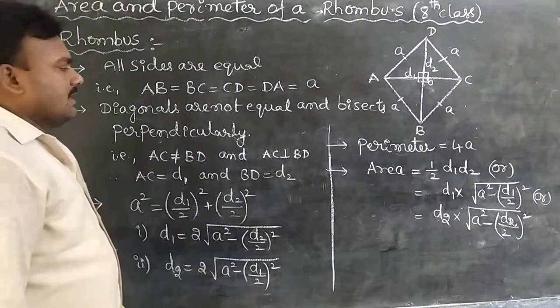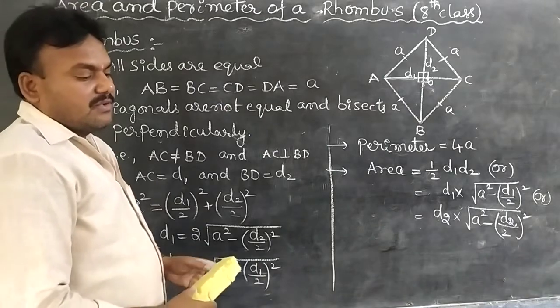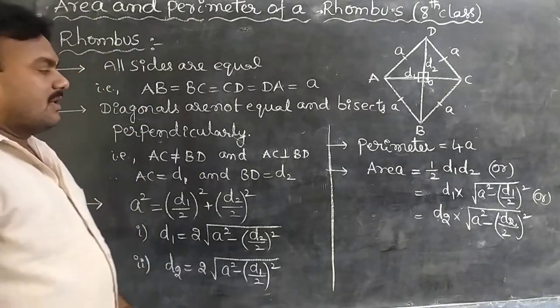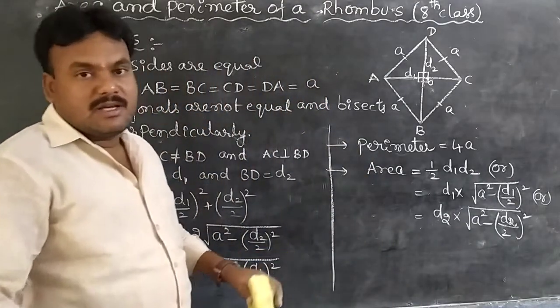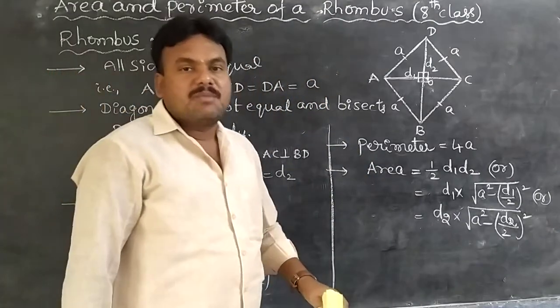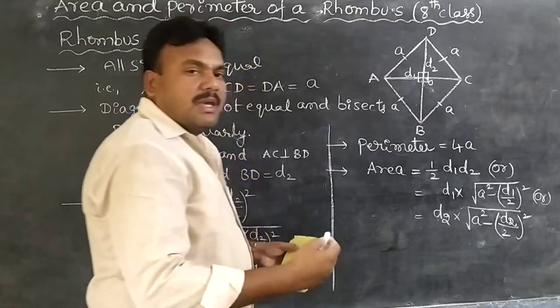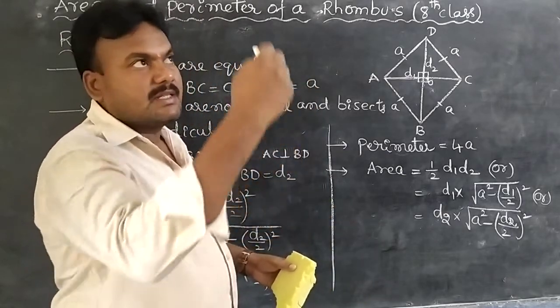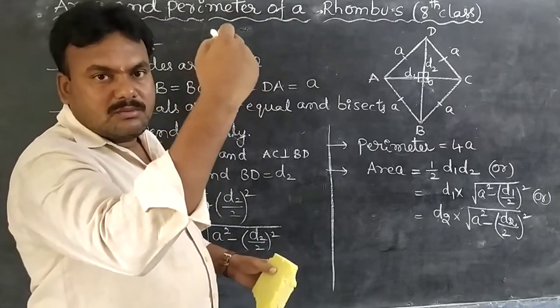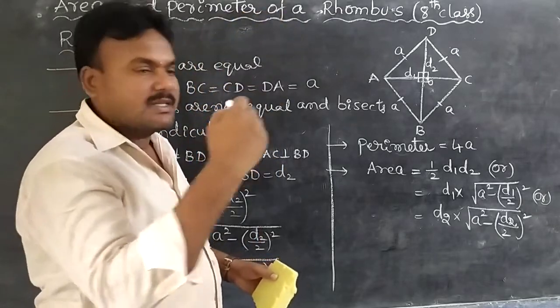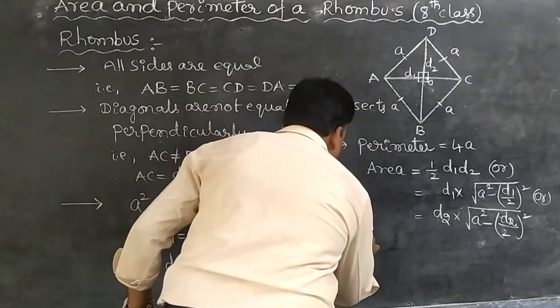Okay students, next one, correlation formulas. One more, students: rhombus is one of the parallelograms. If you know the base along with the height, height means the distance between base and the top. So here height will be taken.